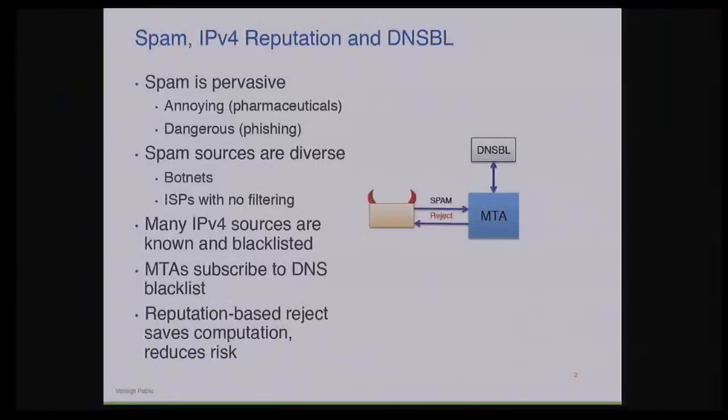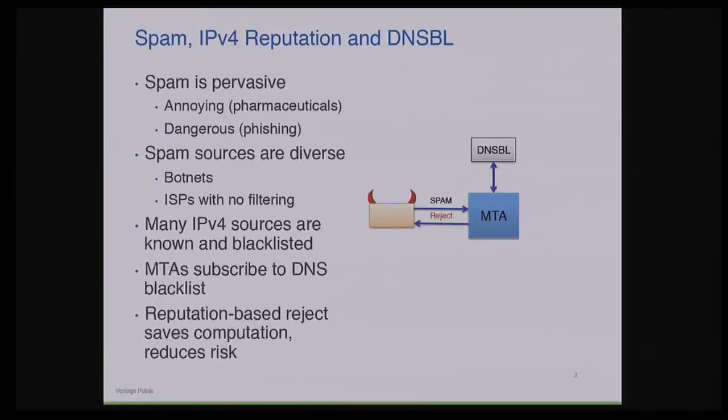Okay, so if we give a little bit of background in the IPv4 world and think about some of the problems we face in terms of abusive traffic, one of them is spam, and there, of course, there are various classes of spam, ranging in the spectrum from annoying, your typical pharmaceutical type spam, to downright dangerous, with malware or phishing type attacks.